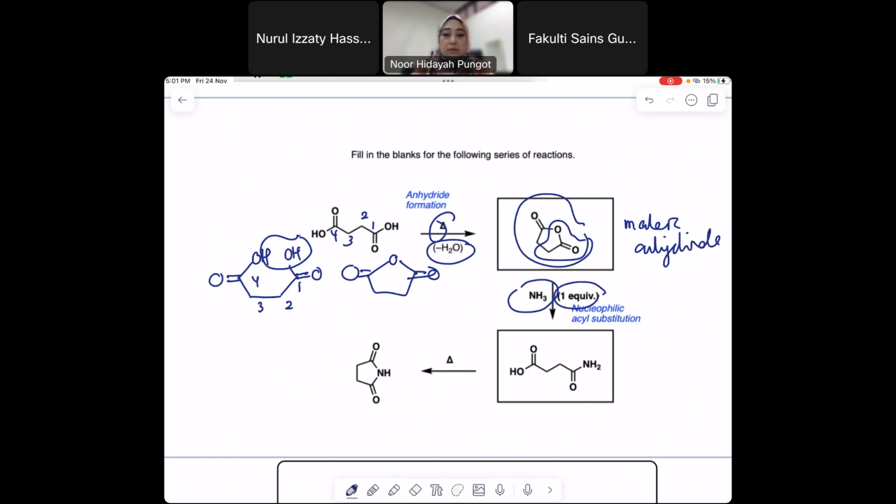But actually, because maleic anhydride is a symmetric molecule, it doesn't really matter which side it reacts on.